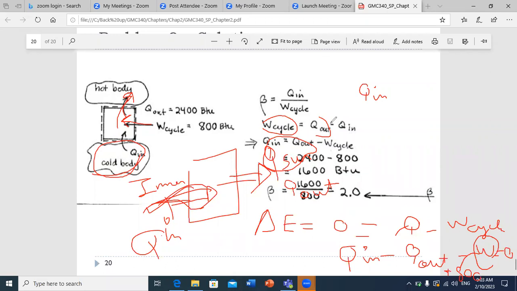It doesn't matter how you take the convention, it's important to apply it correctly. If you take W cycle as positive, as if taking its absolute value, then you put minus here. So at the end you have that Q_N is equal to Q out plus 800, and replacing Q out by its value, 2400.